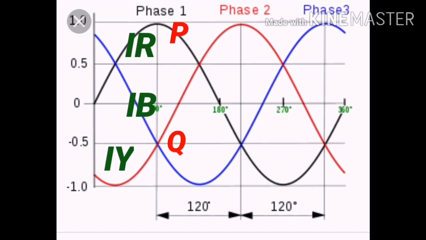That's why the sum of all three currents through the neutral conductor is 0. IR, IY and IB, the sum of all currents is 0. Sum of these three currents is 0. This condition is true at any instant on these waveforms.